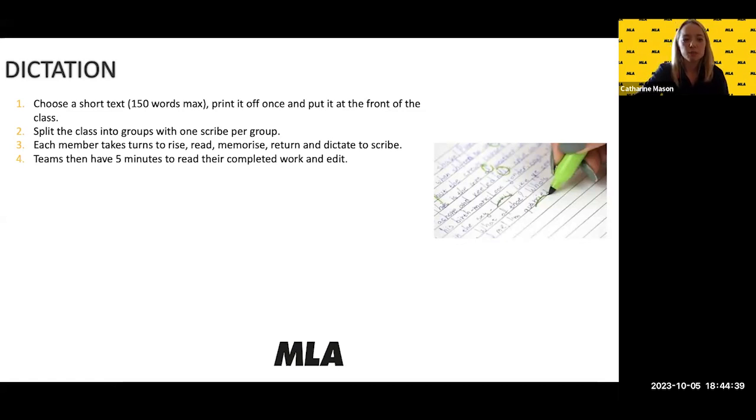Now, here is where the teams have to work together to reread their work, make any edits, and check: is it as similar as possible to the text that they read? And this is where they're really learning from each other, because they might say, oh no, it's not how we wrote it here, it should say this, because this is the correct form to use.